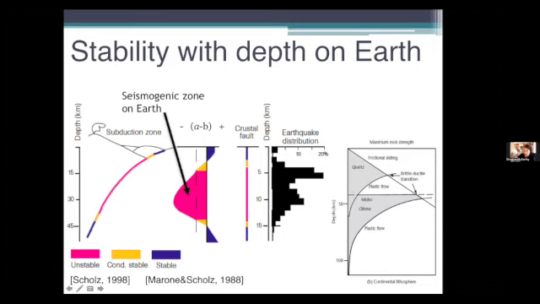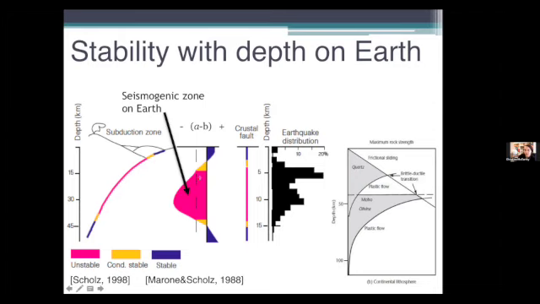So this is Earth now. Laboratory experiments on rock and fault gouge have determined that there's this kind of distribution where at shallow conditions, that A minus B, that velocity strengthening behavior, is here at the surface. But then with depth, there's this swath of velocity weakening behavior before it transitions back to ductile behavior deeper on.